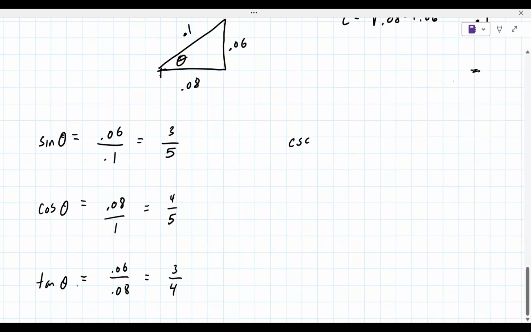For these, you would multiply by 100 to remove the decimal. I would just use the calculator.